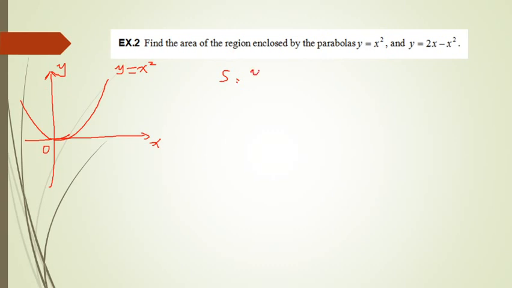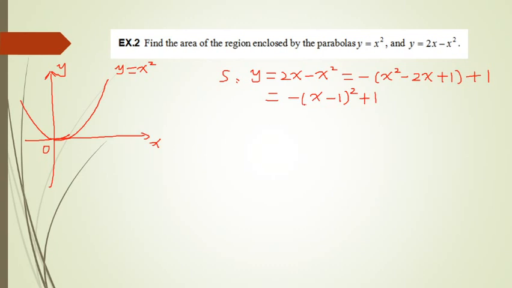So let's rewrite the function 2x minus x squared. You can rewrite it this way: minus (x squared minus 2x plus 1) plus 1. So you add 1 inside the parentheses, which means subtracting 1, then you add 1 again, and that is the same. The reason we write the parentheses is that we are trying to get the complete square.